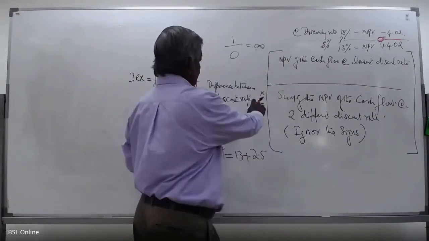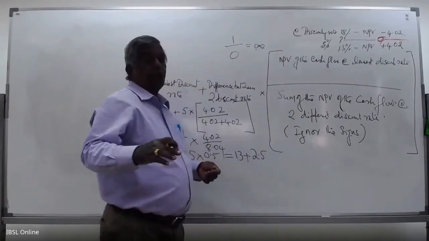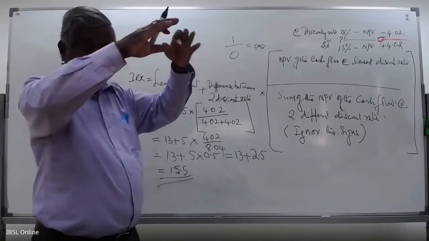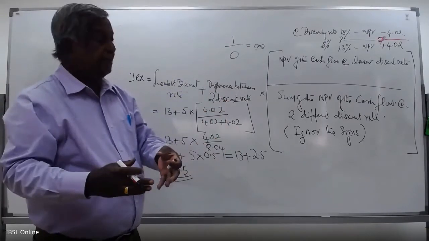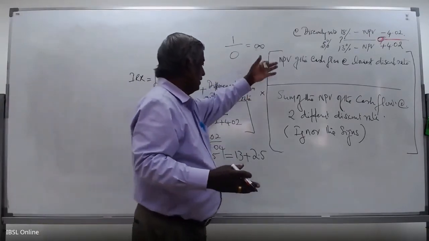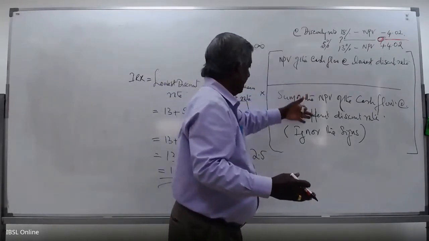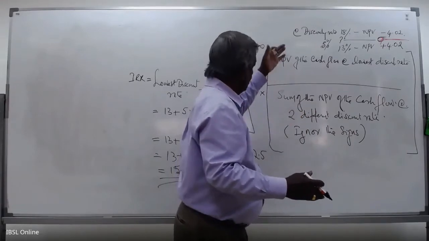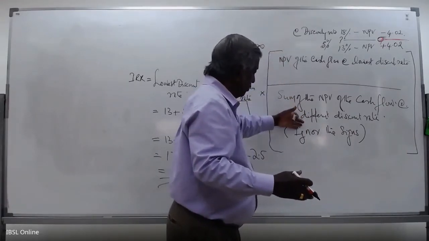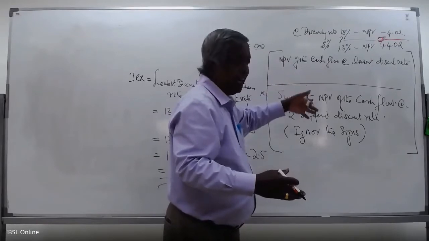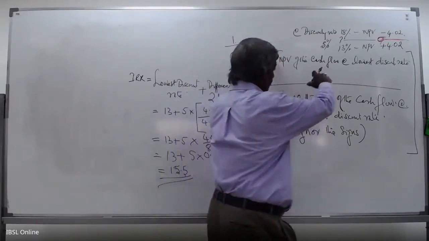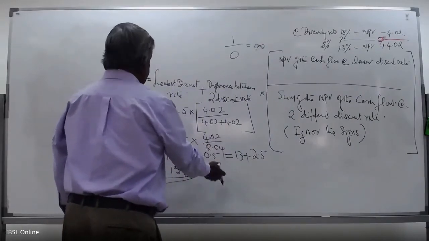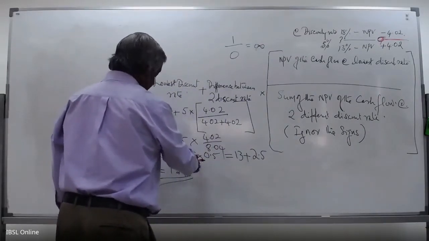And here it is in the bracket. What is within the bracket, you have to solve first. So 4.02 divided by 4.02 plus 4.02, that is 8.04. So 4.02 divided by 8.04 is 0.5. First you solve within the bracket, 0.5, and then multiply by 5.